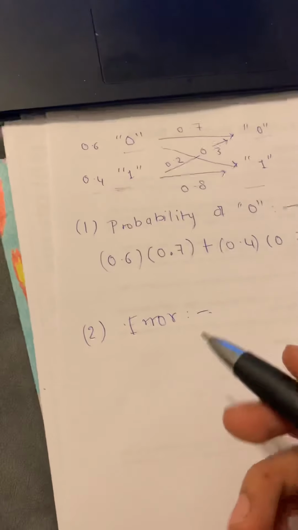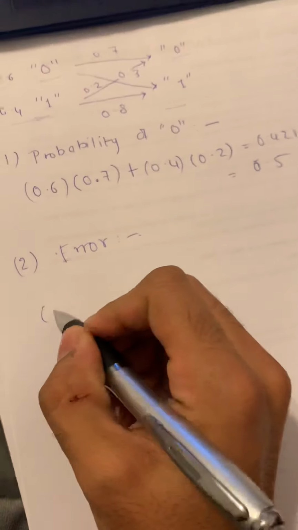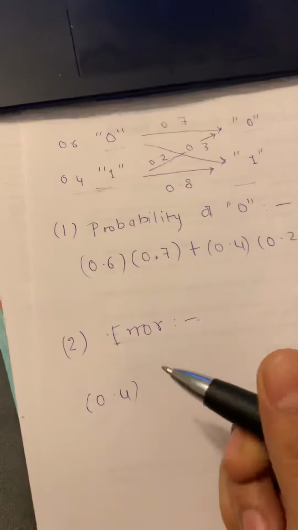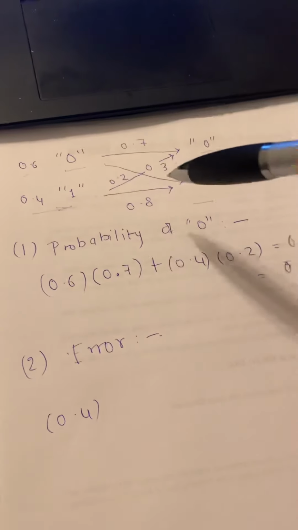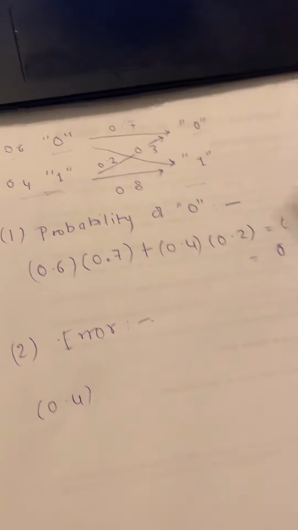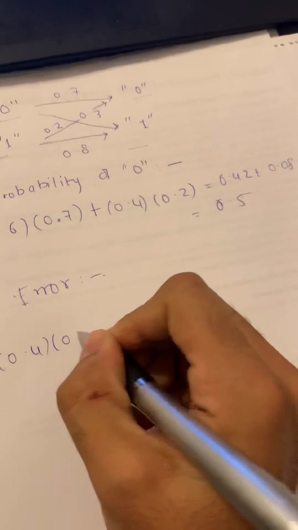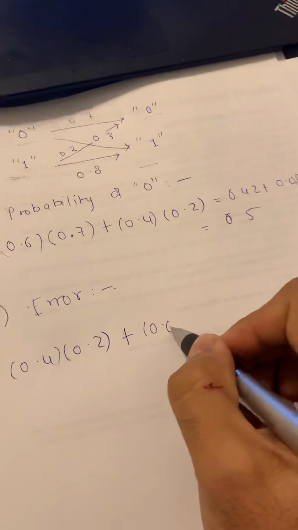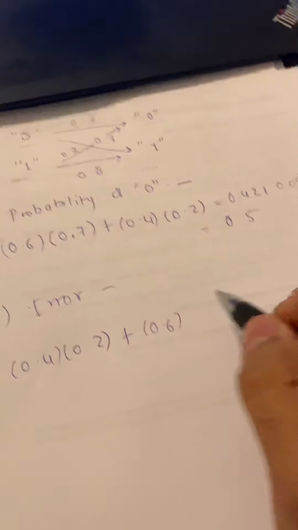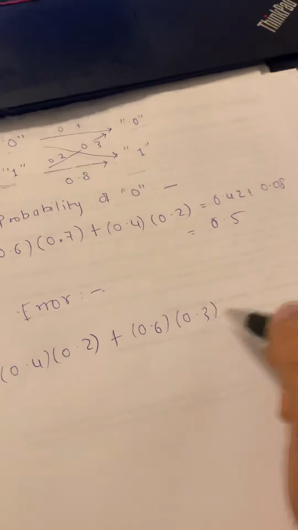The probability of transmitting 1 is 0.4, and receiving it as 0 through noise is 0.2. And the probability of sending 0 is 0.6, and receiving it as 1 is 0.3.